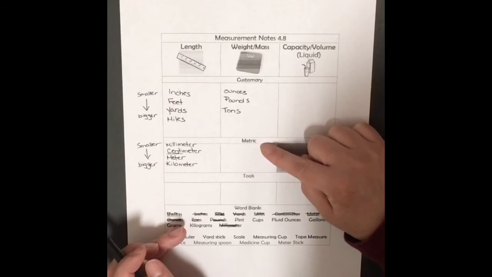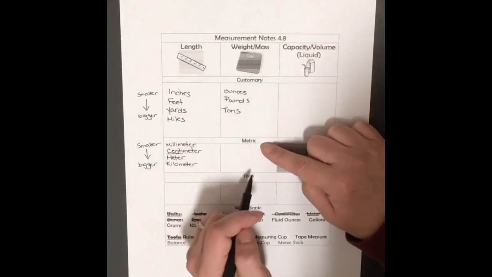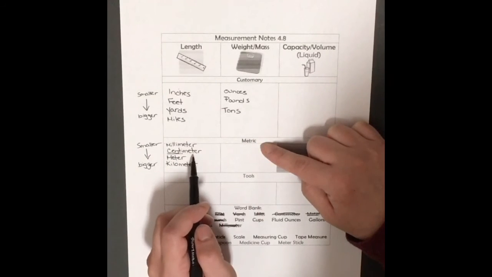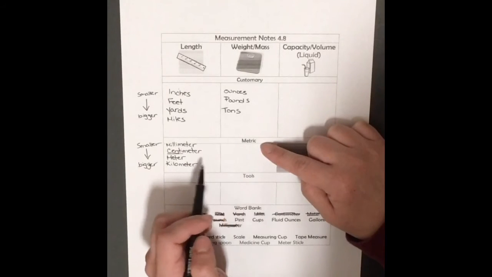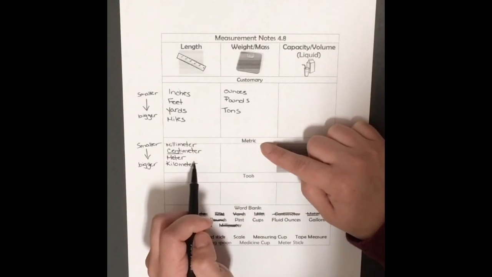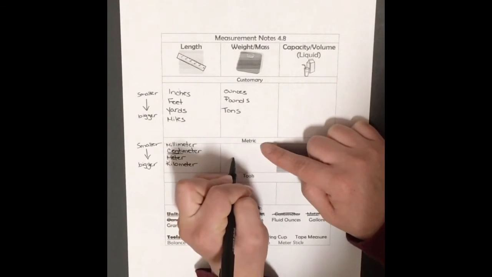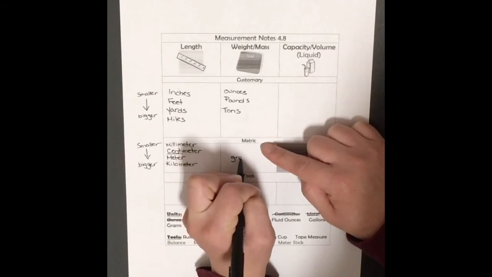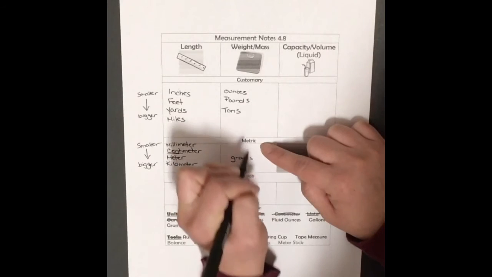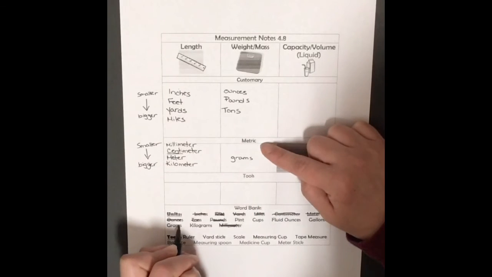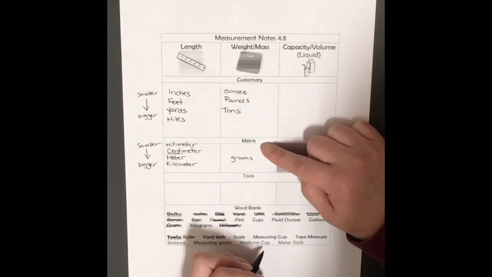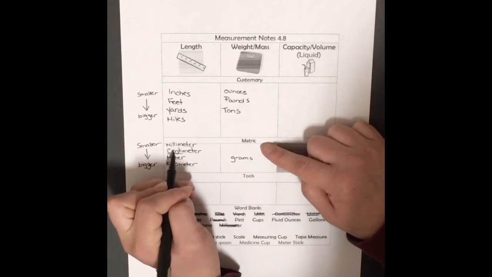Now, the metric system also measures weight, but they have a similar pattern to when they have length. Their weight system, their base word is grams. So I'm going to put grams in the middle because I've got smaller and bigger grams. And now the same prefixes would apply.